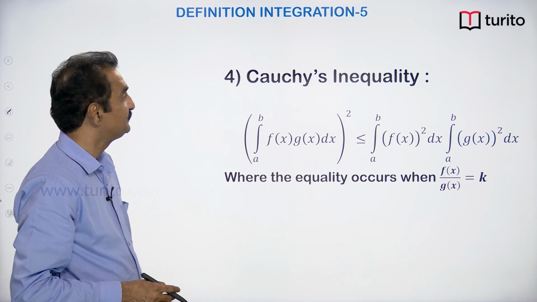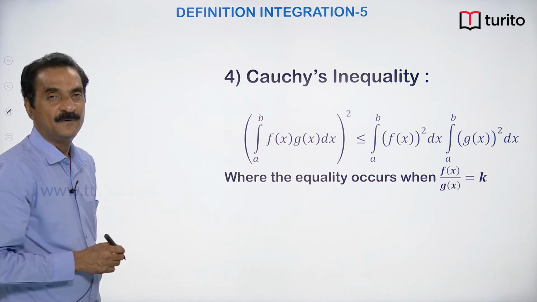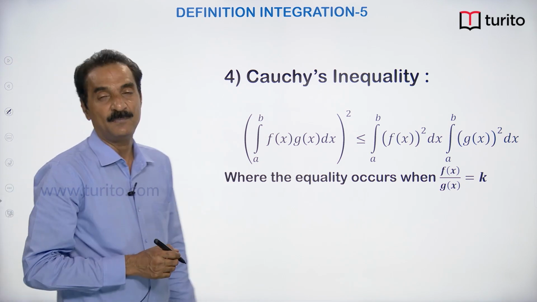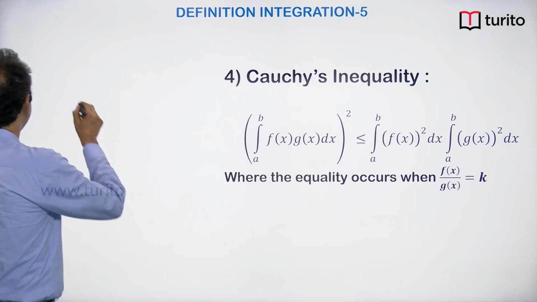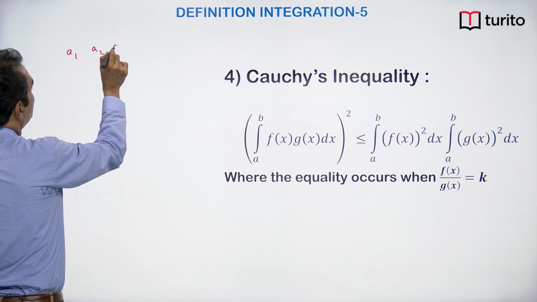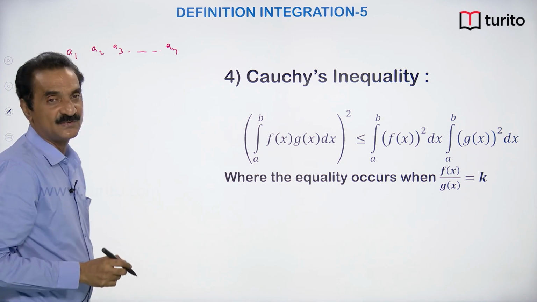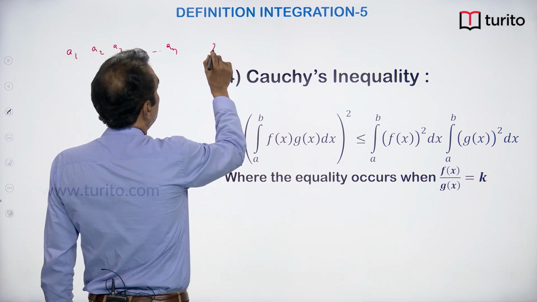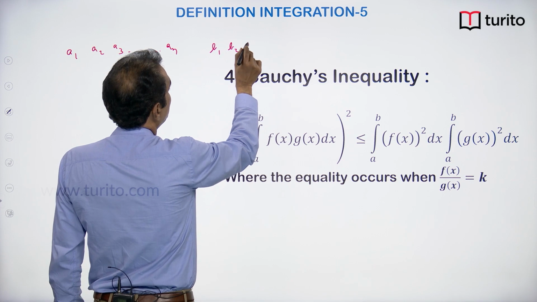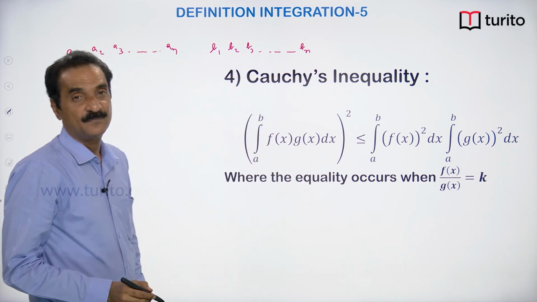Next point, Cauchy's inequality. All of you are aware of Cauchy's inequality in real numbers. In real numbers, if a1, a2, a3 and so on, an is a set of real numbers, b1, b2, b3 and so on, bn is another set of real numbers.